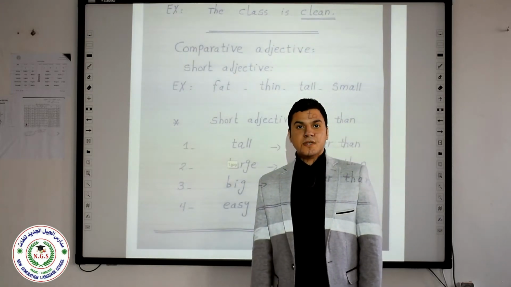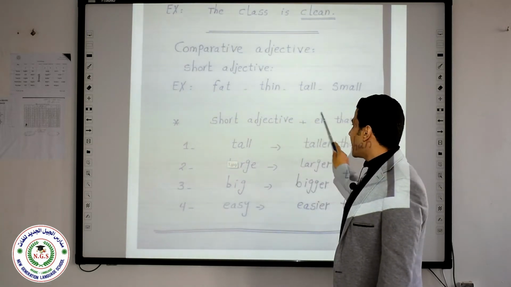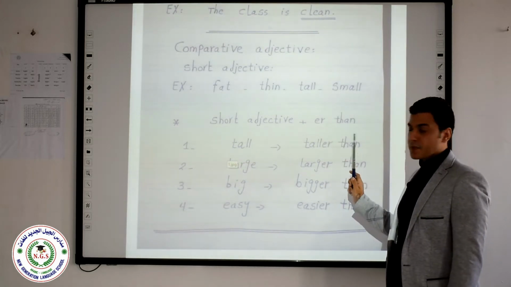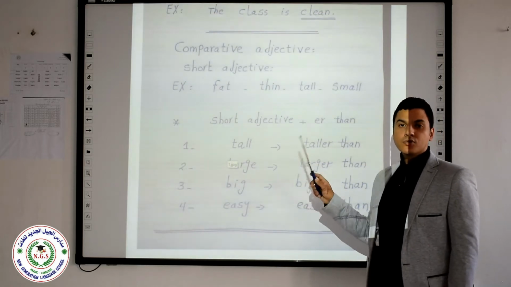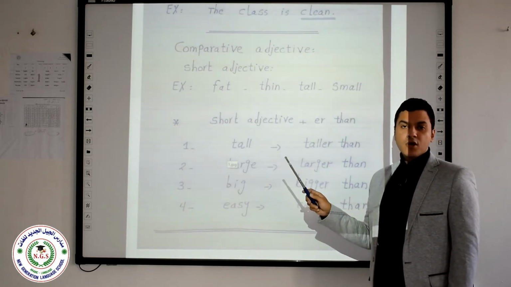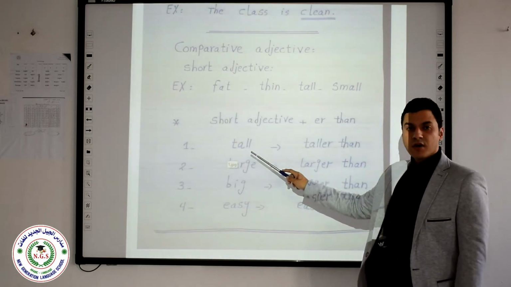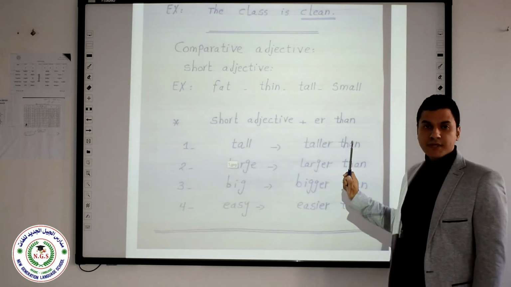If we are gonna make comparative adjectives from the short adjectives, number one, we put the short adjective and add er at the end of the adjective plus than. So haphazardly كده بضيف er لكل الشورت adjectives in order to make it comparative? Definitely no. Number one, أنا بضيف للadjective الصفة er, tall طويل, taller than أطول من.